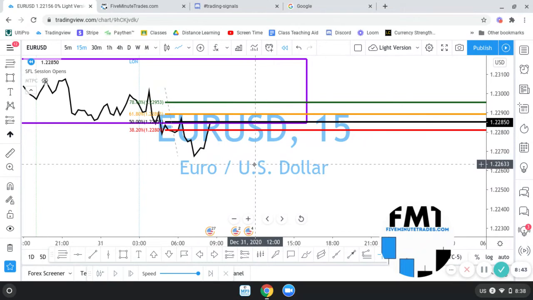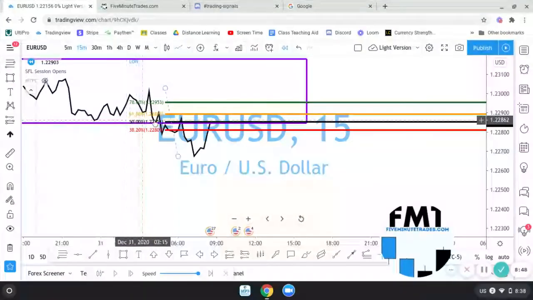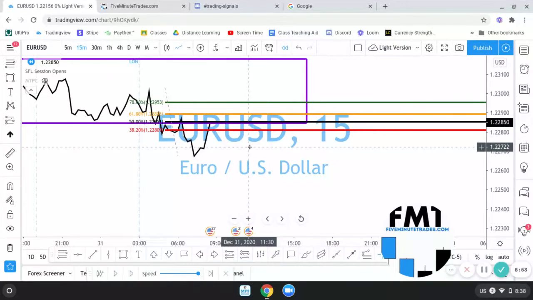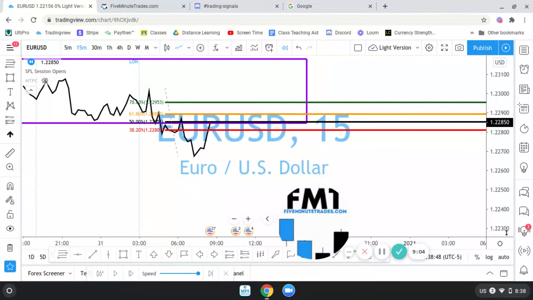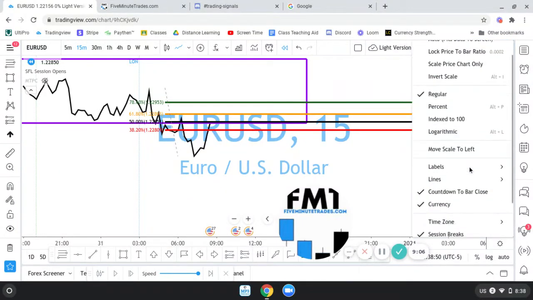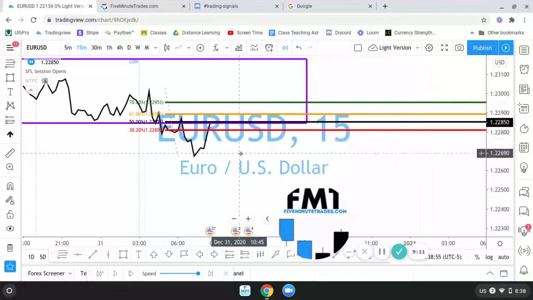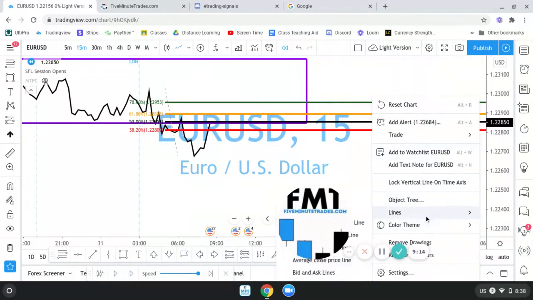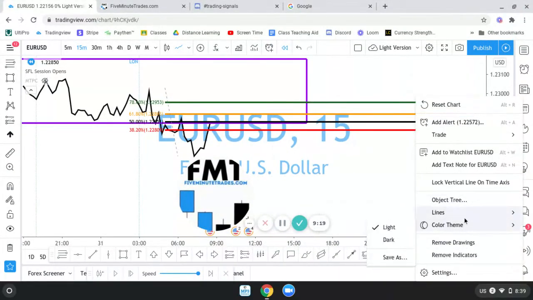Back here to our chart on TradingView. We notice that it's right in the area of the 50% fib level, which is a key level for pullbacks. So I set up my entry. Let me show you where I have my entry. Go to the object tree.